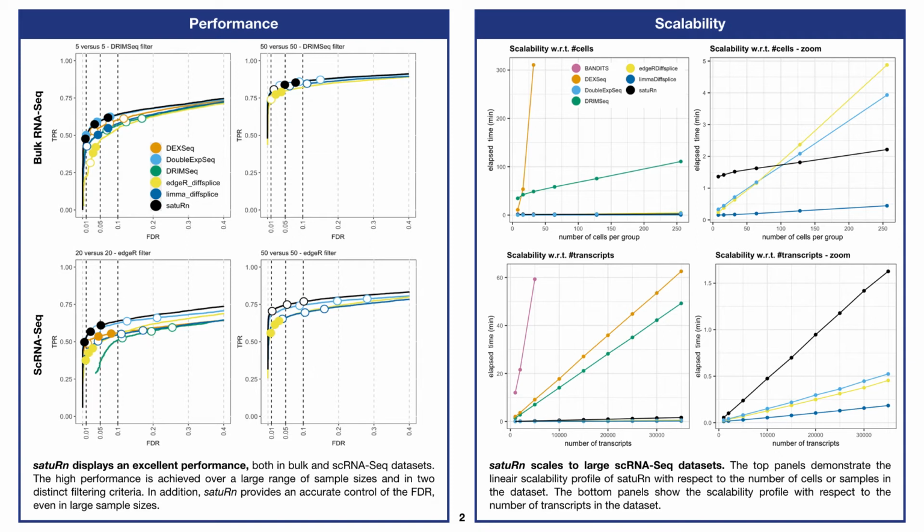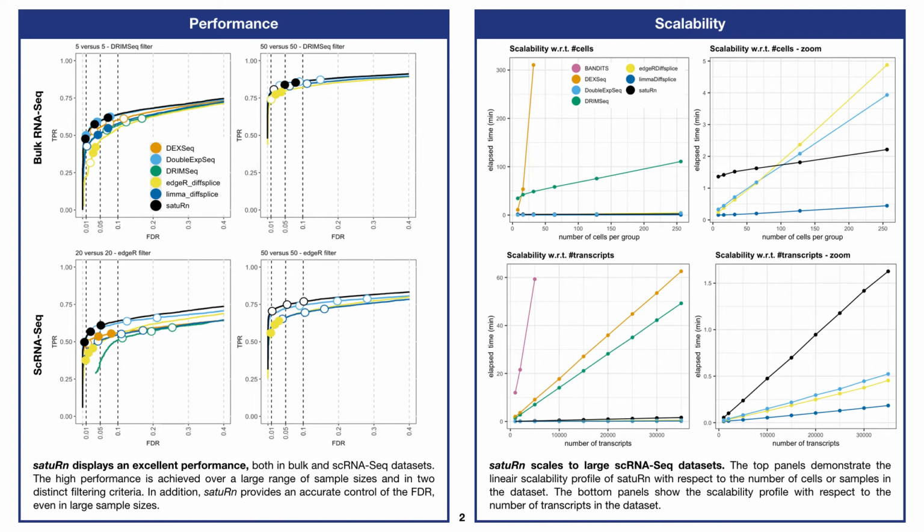On the right-hand side of the slide, we demonstrate the scalability of the different DTU tools. On the top 2 panels, we display the scalability of each method with respect to the number of cells in the dataset, while keeping the number of transcripts in the data fixed. Here we see that DRIMSeq and especially DEXSeq scale poorly with respect to the number of cells in the data, jeopardizing their use for analyzing large single-cell datasets.